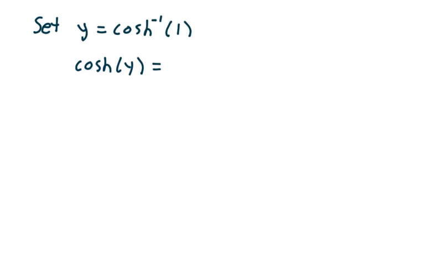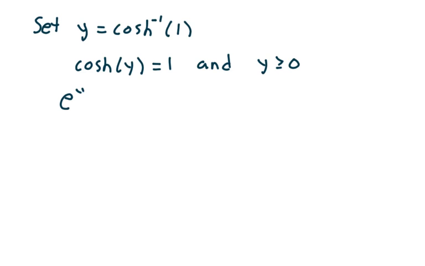I'm going to set y equal to inverse hyperbolic cosine of 1. Okay? And this says that hyperbolic cosine of y is the same as 1, and y is greater than or equal to 0. So we need that extra condition that y is greater than or equal to 0.